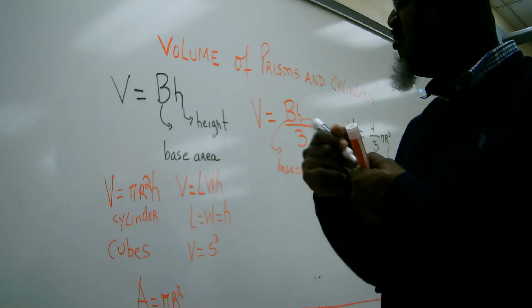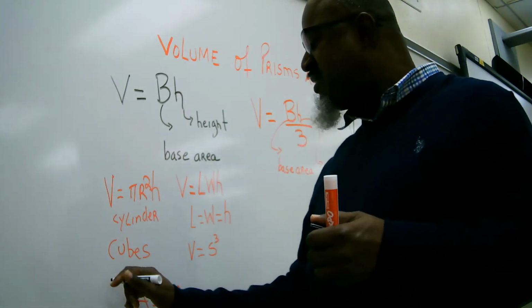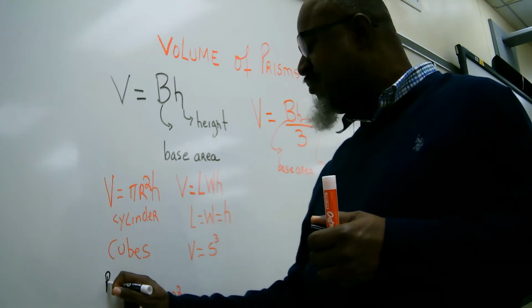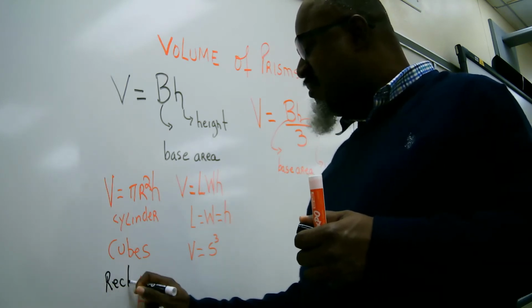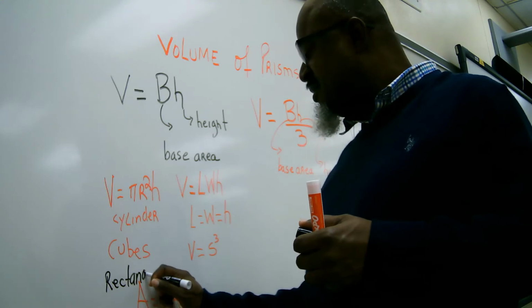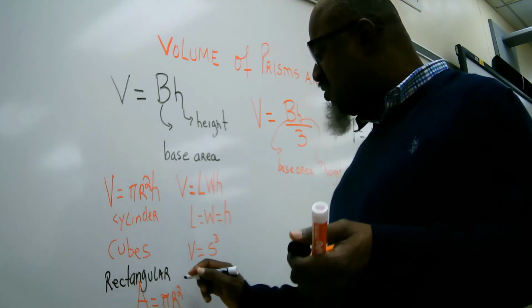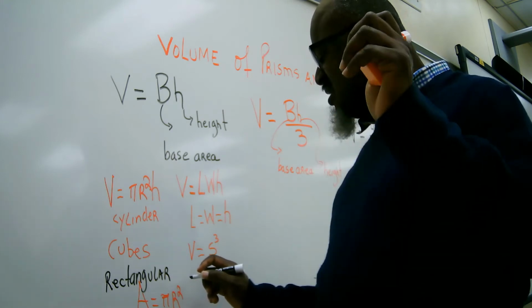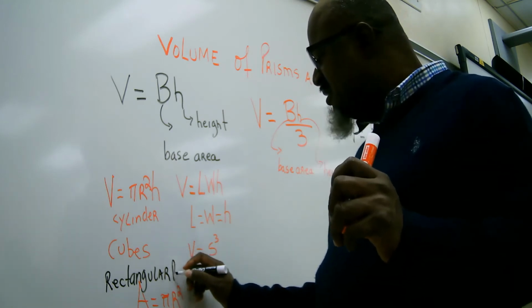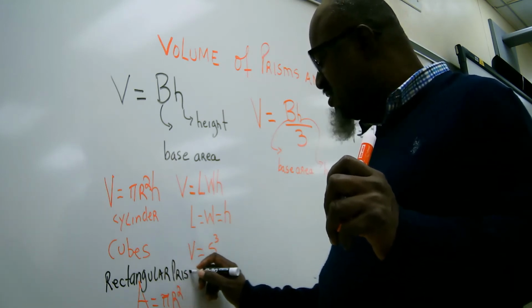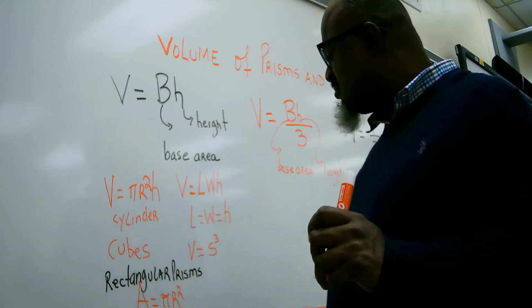You can use this formula also for a rectangular prism. Those are 6 rectangles, or it could be some squares, but this one is called rectangular. The faces are rectangles.